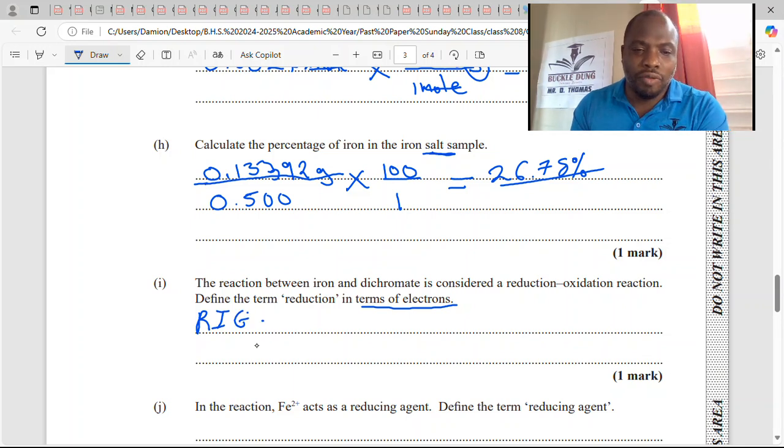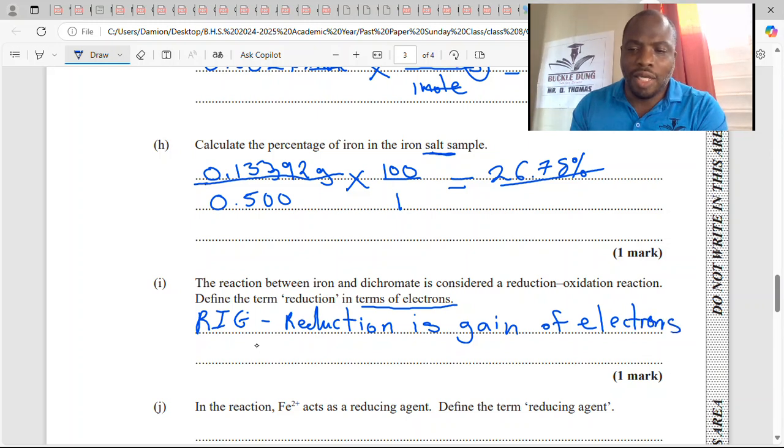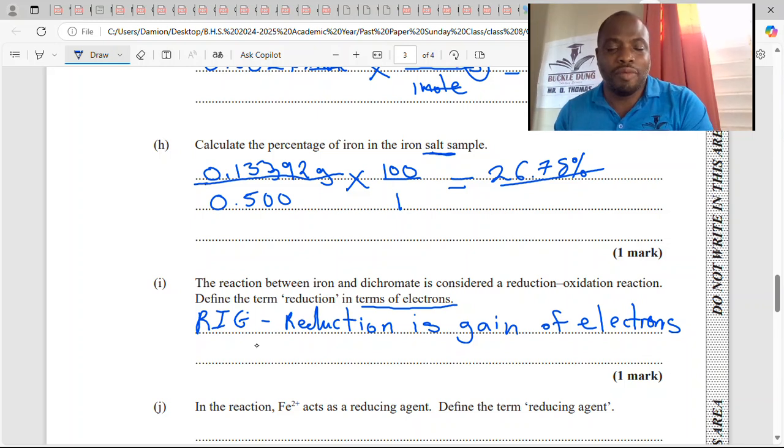And so we know reduction is gain, man. Gain of what? Electrons. Beautiful. And what if they ask you what is reduction in terms of oxidation number?